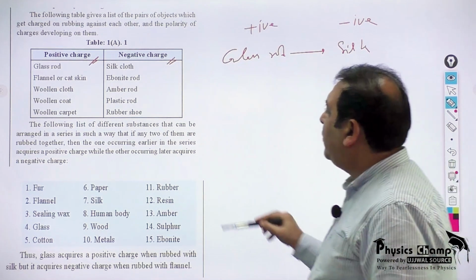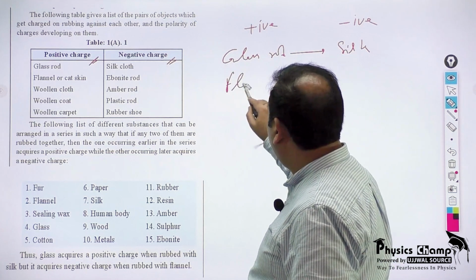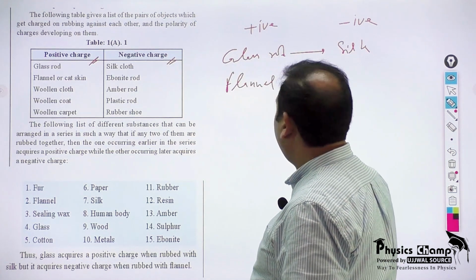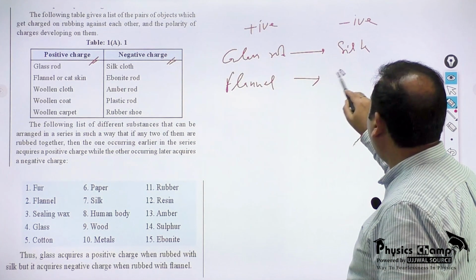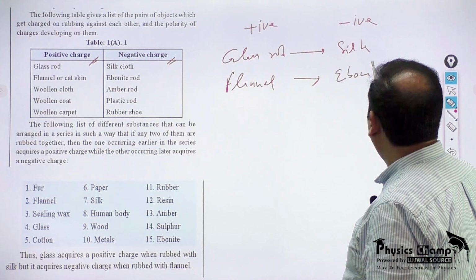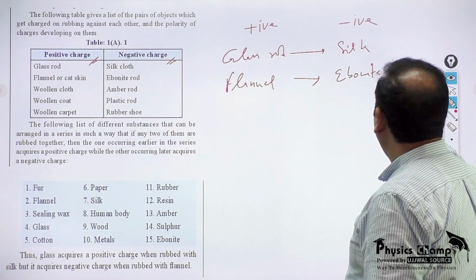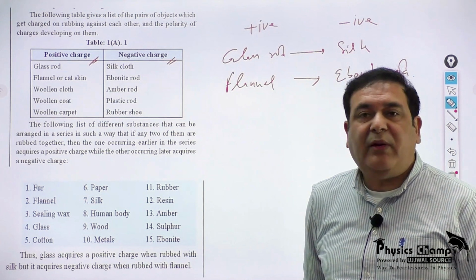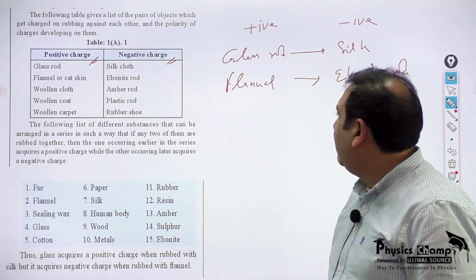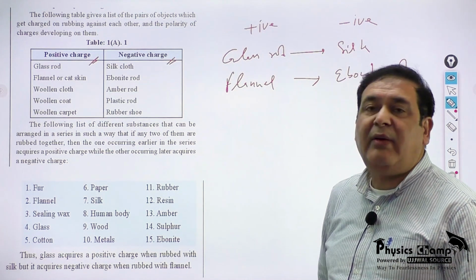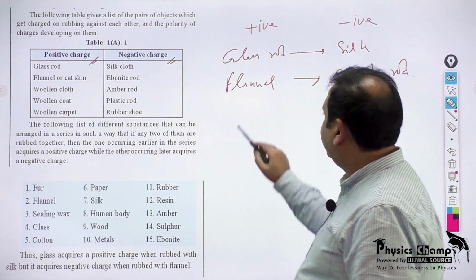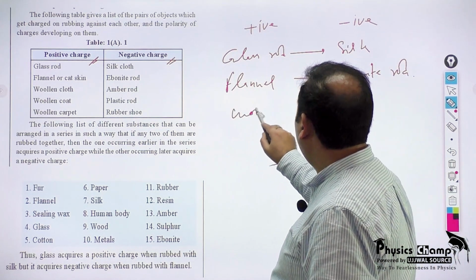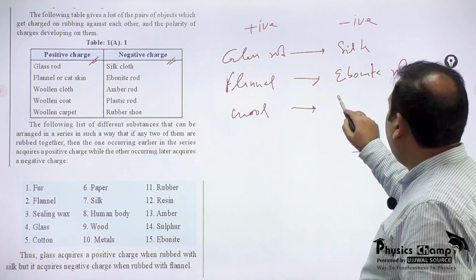Similarly, if you take flannel or cat skin and rub it with an ebonite rod, the ebonite rod will obtain a negative charge, and flannel or cat skin will have a positive charge. Similarly, you take a woolen coat or wool and rub it with an amber rod.